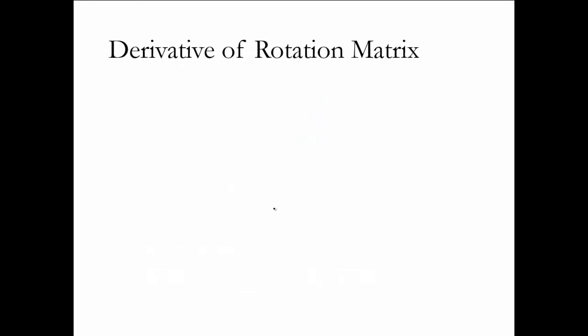Before deriving the velocity, we have seen that there's a transformation matrix involved, which we call a rotation matrix, that is involved when we transform a vector or a position vector from one frame to another frame.